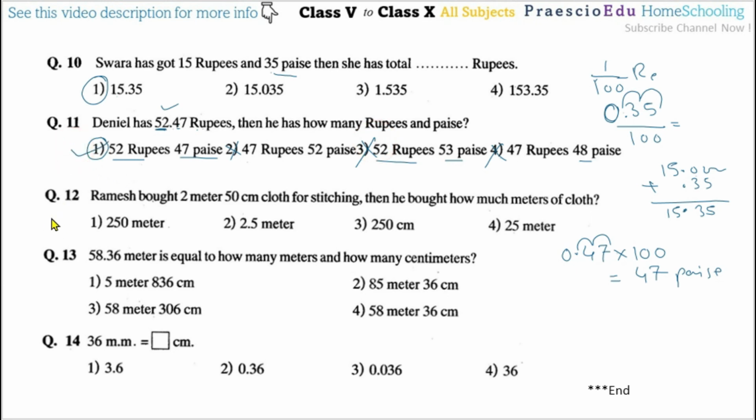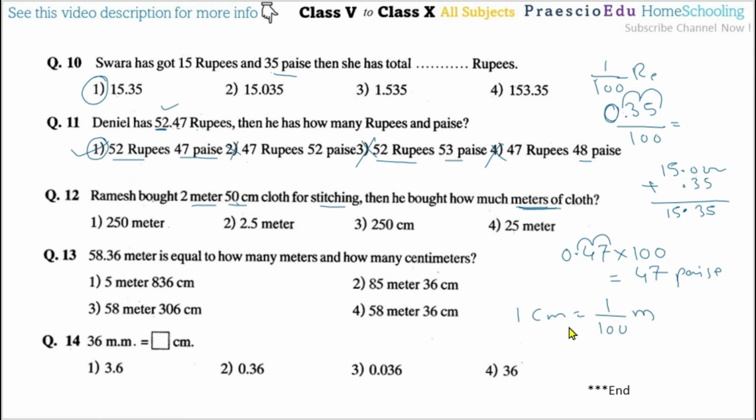Now question number 12. Ramesh bought 2 meter 50 centimeter cloth for stitching. Then how many meters of cloth did he buy? So we have to convert this centimeter also into meter. As we know, 1 centimeter is equal to 1 by 100 meter.